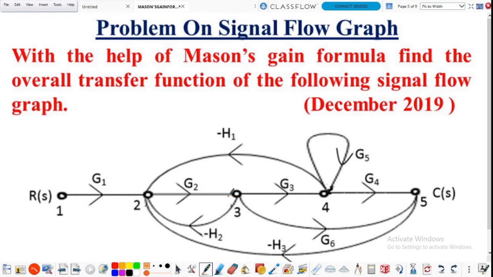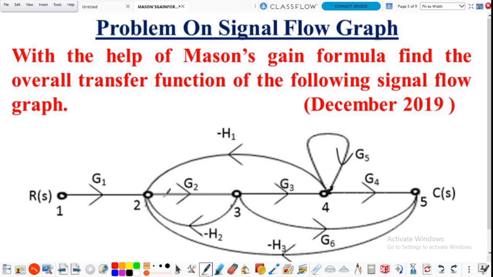2 to 3, 3 to 2, that is the first individual loop. The second individual loop is 2 to 3, 3 to 4, 4 to 2. The next, and this is the third individual loop. Another individual loop is 2 to 3, 3 to 5, 5 to 2, the fourth individual loop.